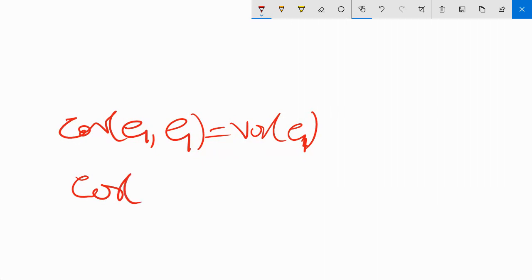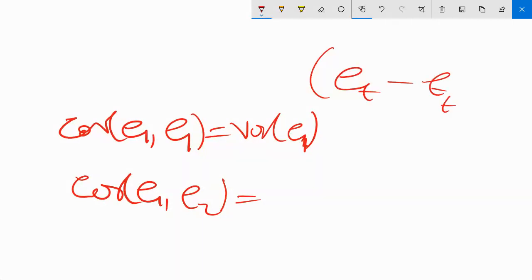So we cannot check that, but we can check this. That's why when you look at that formula there, we have Et minus 1, to avoid the situation where we are going to have Et minus Et.